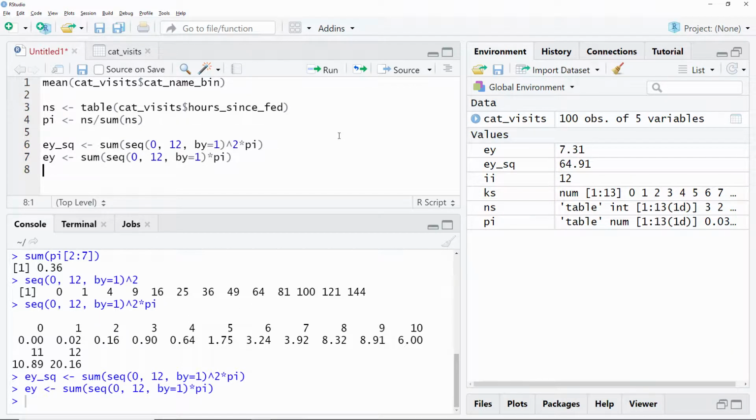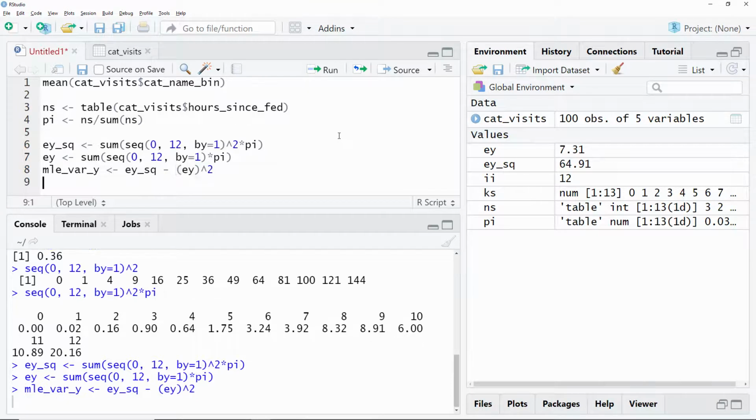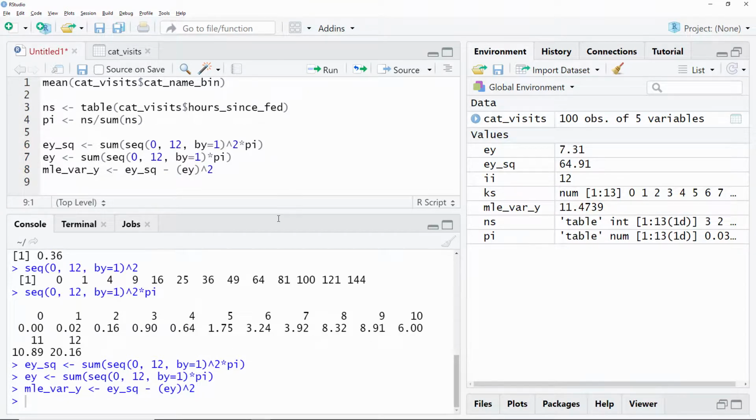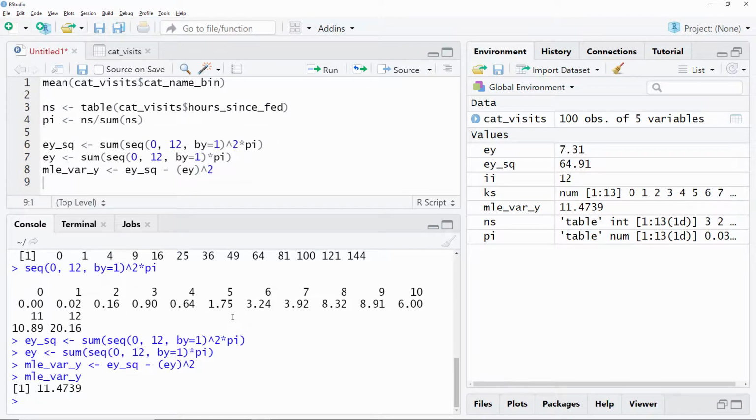And now our MLE of the variance of y is going to be the expected value of y squared minus the expected value of y, and we square this quantity. We can take a look at what the MLE of the variance of y is, and we compute that to be 11.4739.